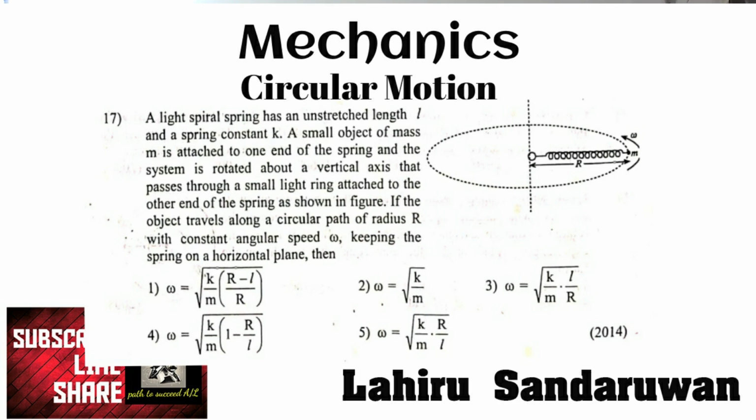If the object travels along a circular path of radius r with constant angular speed omega, keeping the spring on the horizontal plane, then we have to get the omega value.